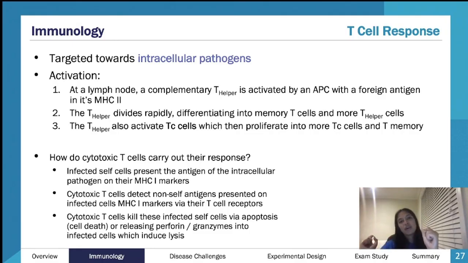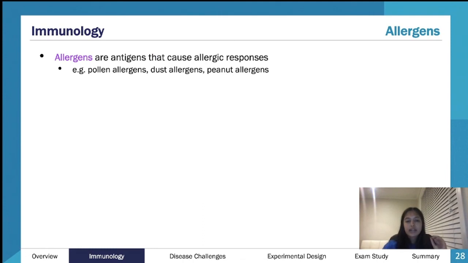So this is sitting in your MHC1. This is your cytotoxic T cell's receptor. It's going to come along and go, this is the COVID, SARS-CoV-2, like whatever. This is the exact specific antigen that I'm looking for. I'm now going to release perforins and granzymes, and I'm going to like destroy this house. Basically, I'm going to kill this cell and kill the virus in it. So that is the idea there.